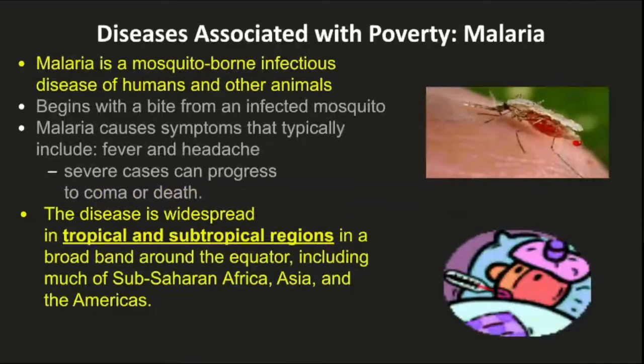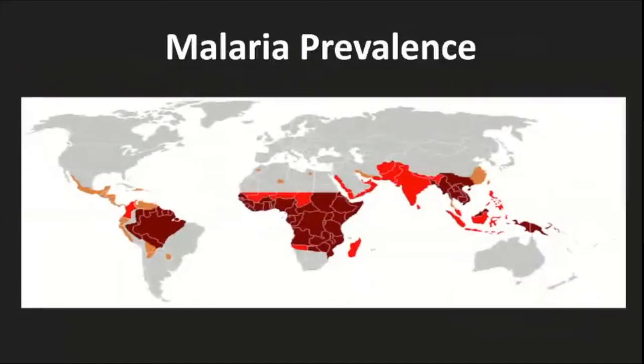Diseases associated with poverty: malaria. Malaria is a mosquito-borne infectious disease of humans and other animals, and the disease is widespread primarily in tropical and subtropical regions in a broad band around the equator, including much of sub-Saharan Africa, Asia, and the Americas. You take a look at the map here. So right across the equator, heat and humidity.